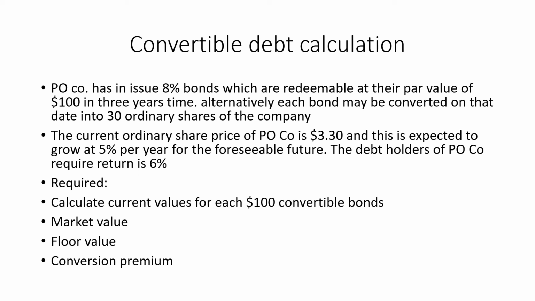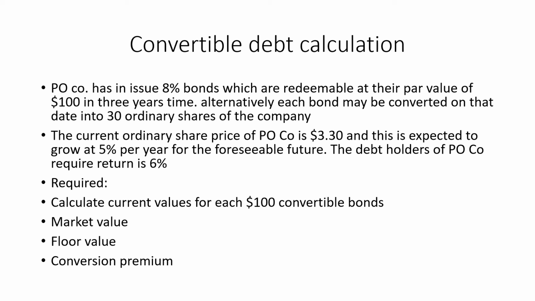Alternatively, each bond may be converted on that date into 30 ordinary shares of the company. The current ordinary share price of PO Corporation is $3.30, and this is expected to grow at 5% per year for the foreseeable future. The debt holders of PO Corporation require a return of 6%.